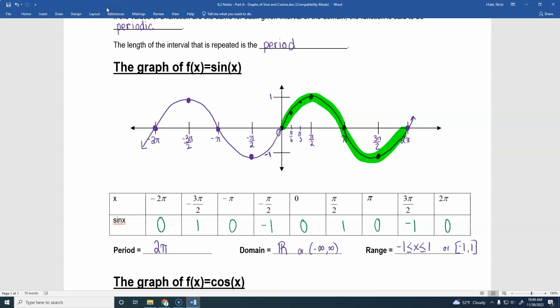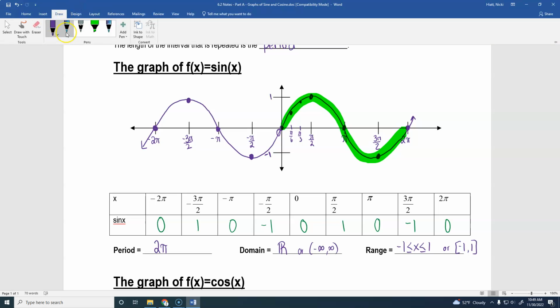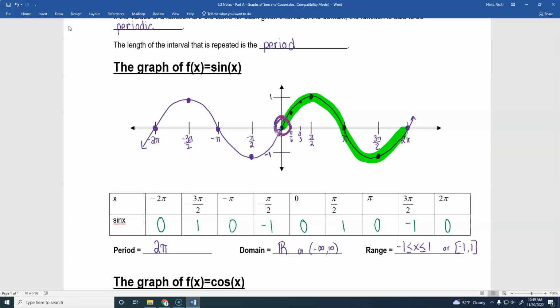So you need to know in general what the sine graph looks like, because after we finish this, we're going to look at transformations. One of the key things about the sine graph here is I like to remember that the y-intercept right there is going to be at 0. Because we're getting ready to graph cosine.